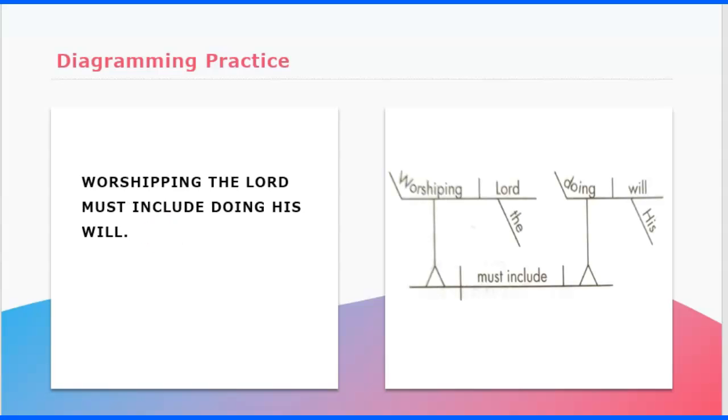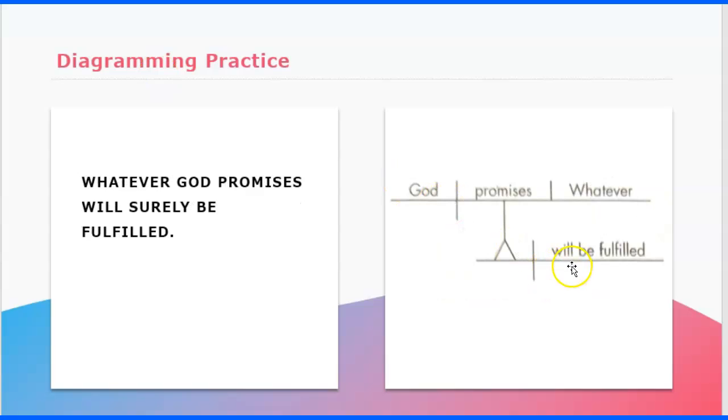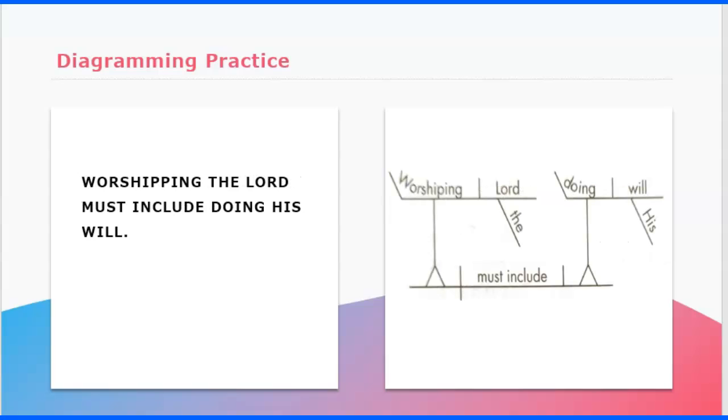I want to point something out in our diagramming practice. From the first one, notice our line is flat. This is just a noun clause, Pedestal Pete, his arms are flat. But when we come to the ones with the verbals in here, notice he's waving.